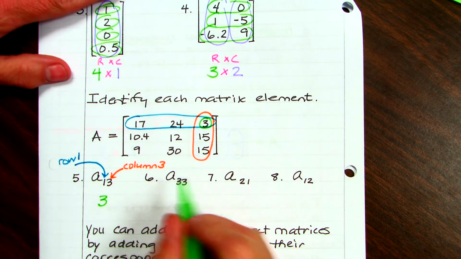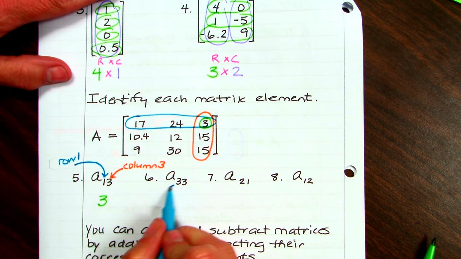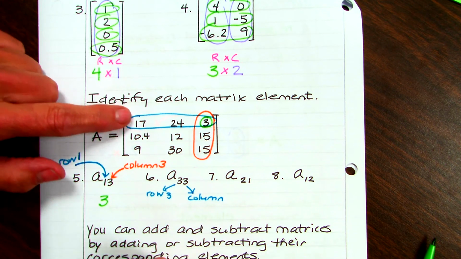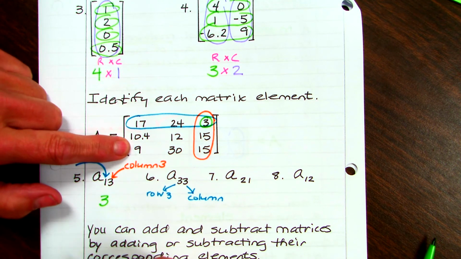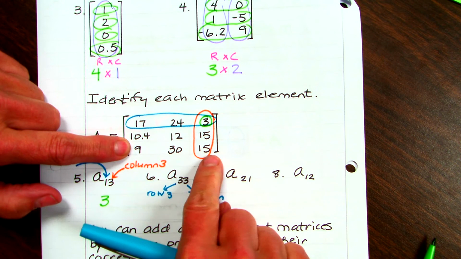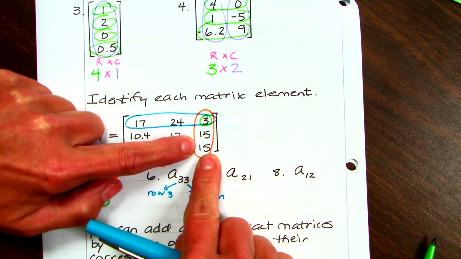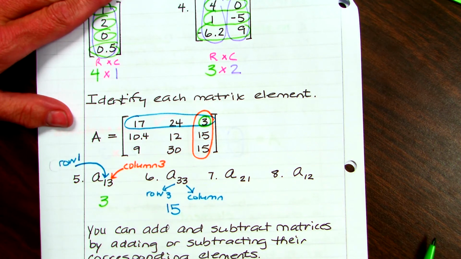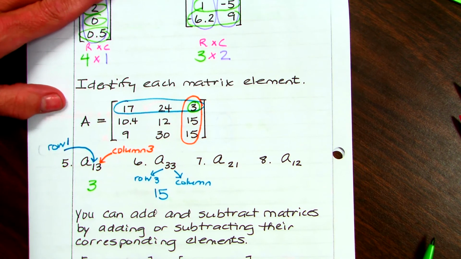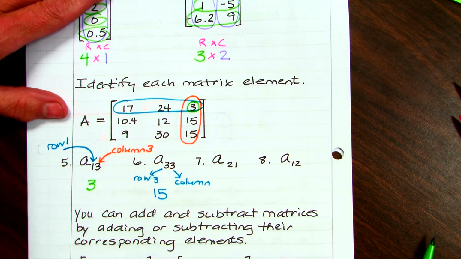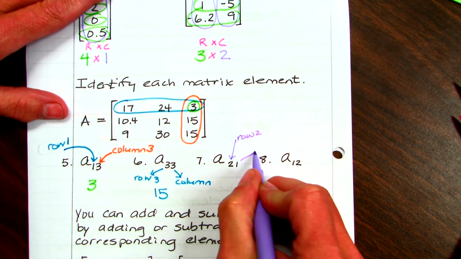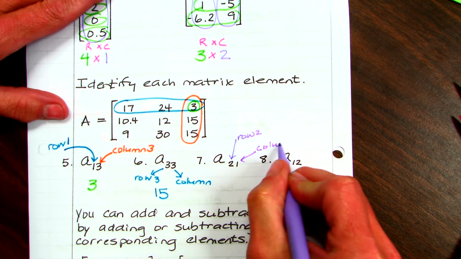So if I go to number 6, I'm looking for row 3, column 3. So row 3, this is 1, 2, 3, and then column 3 would be 1, 2, 3. So that would be 15. So number 7, you're looking for the element that is in row 2, column 1.